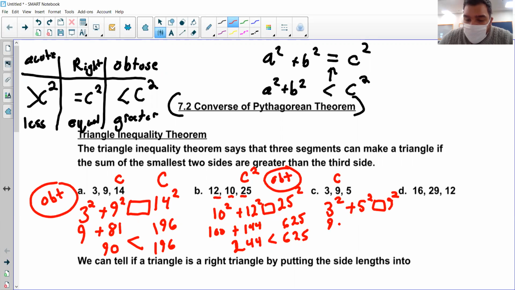So 9 plus 25 is 34. 34 blank 81. 81's bigger, so this is obtuse. Are these all obtuse? This one's obtuse too, I think.